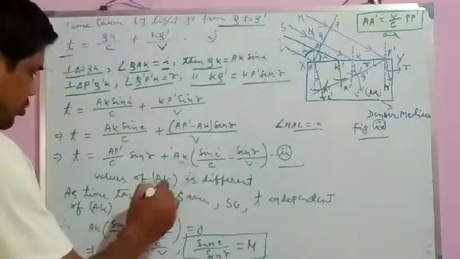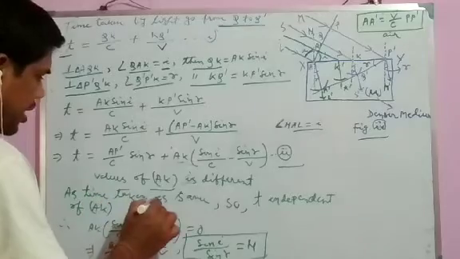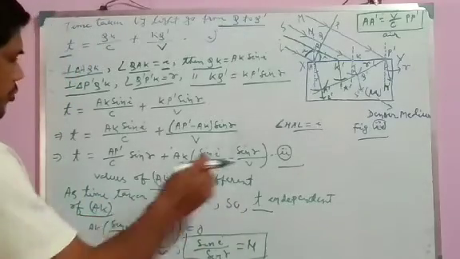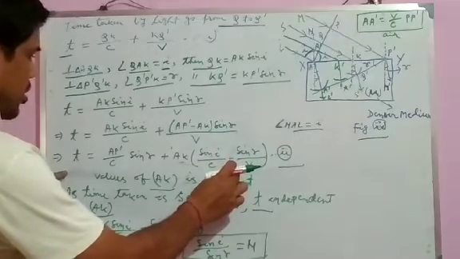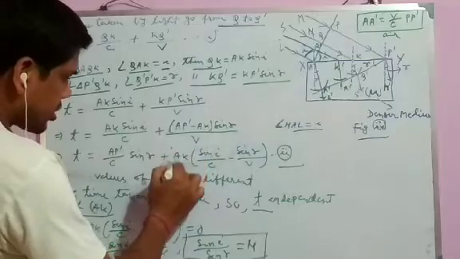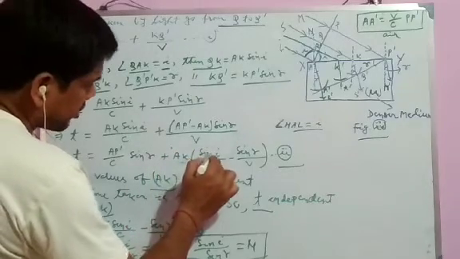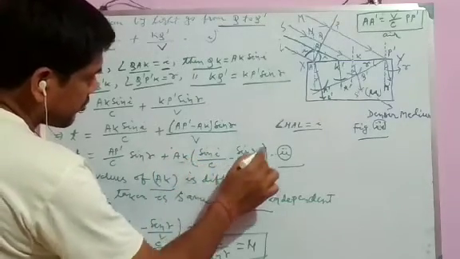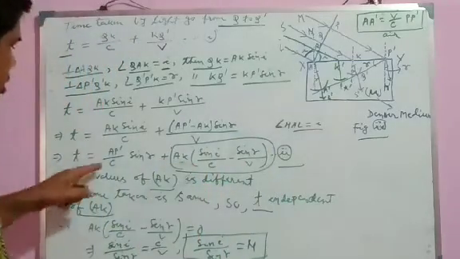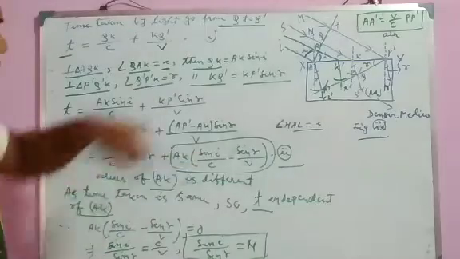So AK is different, but the time taken is the same. So t must be independent of AK. Now from this equation, t can be independent of AK only if the term AK within the first bracket, sin i by c minus sin r by v, is 0.